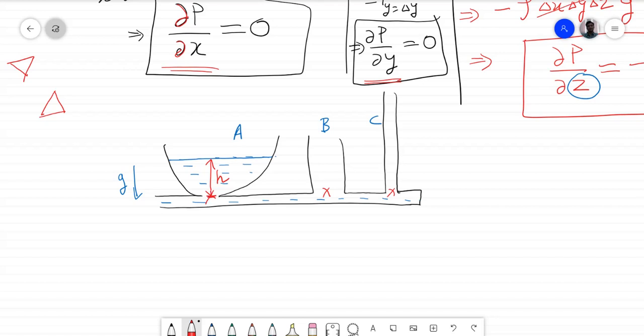Therefore the pressure here has to reach the atmospheric pressure. Similarly, it will reach the same atmospheric pressure in the same height h, and here also it will reach the atmospheric pressure in the same distance in the z direction, or the height h. Therefore the water level will be same at the same height in all three cases.